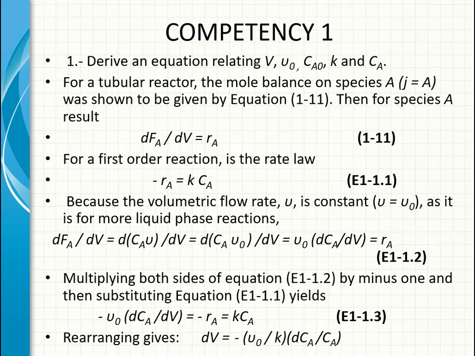But the rate is also equal to K times the concentration of A. If we rearrange this equation, we will have that dV is equal to minus the volumetric flow rate V0 divided by the rate constant K, all that multiplied by dCA divided by CA.